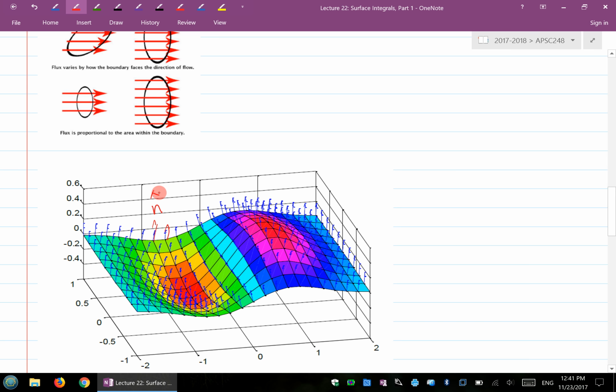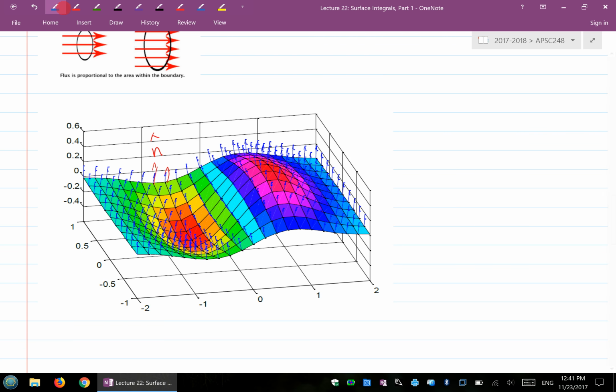If I make another drawing here, and pick just one small location of the surface, then there is definitely a normal direction n hat at this location.